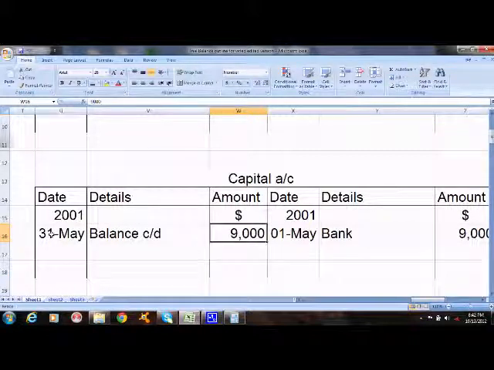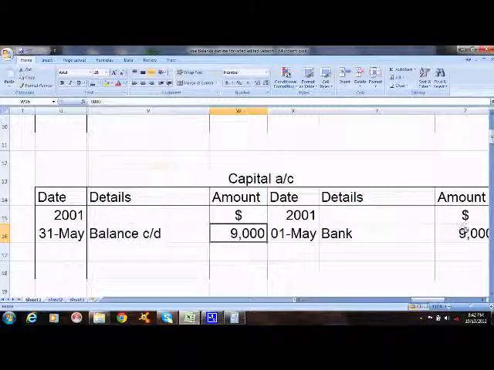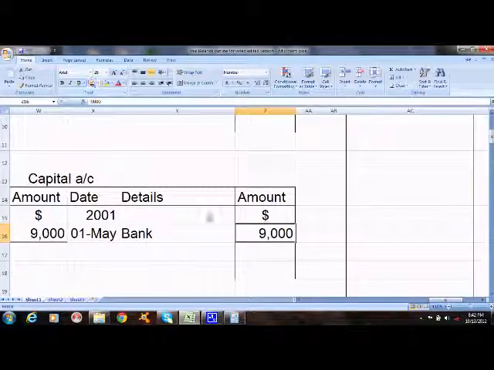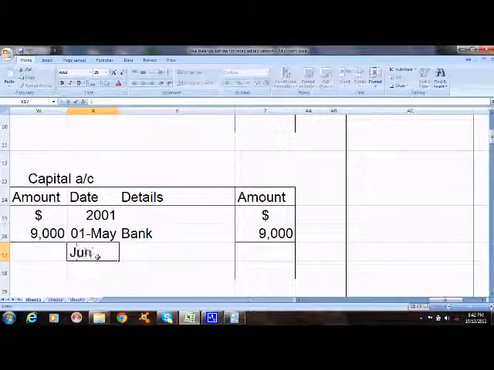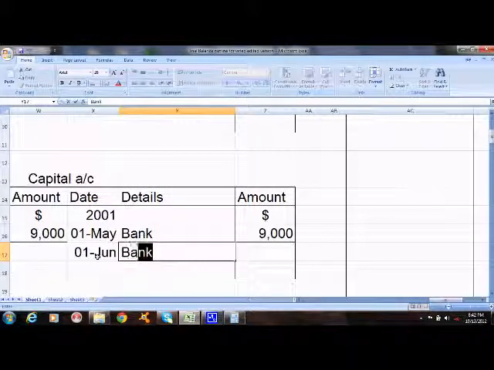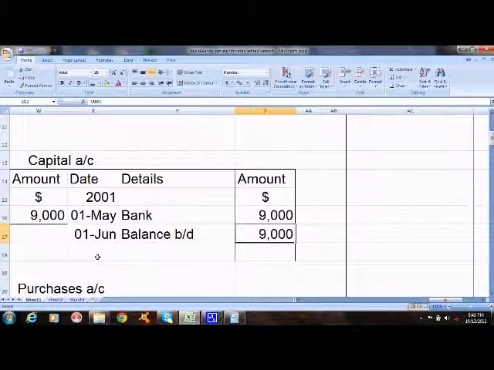We're going to put a double line right there. Only a double line is needed in this case, no single line. However, you're going to write June 1, balance what? BD, right? The amount is $9,000.